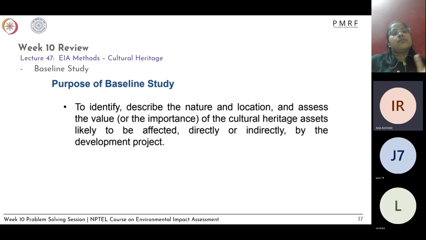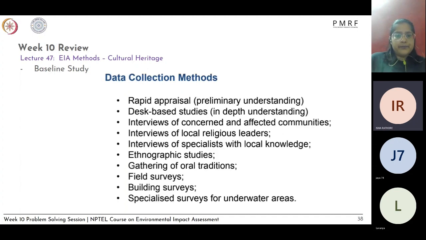And then we looked up at doing a baseline study for cultural heritage assessment. So the purpose of doing a baseline study is to identify and describe the nature and location and assess the value or importance of the cultural heritage assets which are likely to be affected directly or indirectly by the development project. And you can use different types of data collection methods.